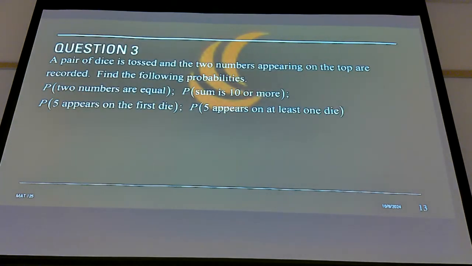I could explicitly list out every element in the sample space. Or I could just worry about the sizes. Before I list everyone out, the sample space is going to have how many elements?